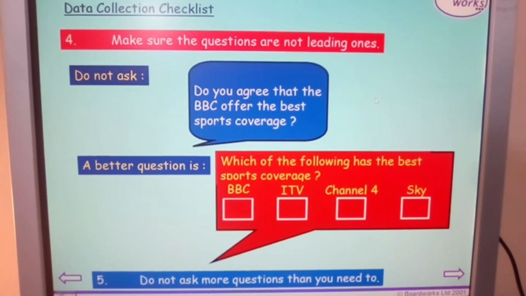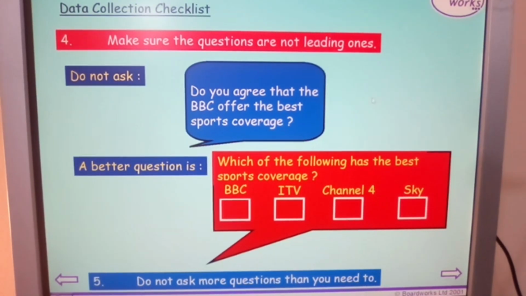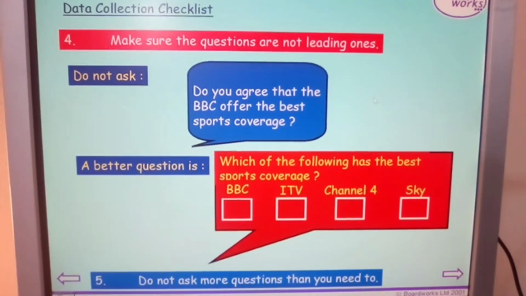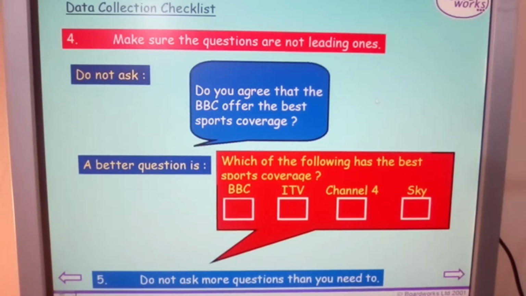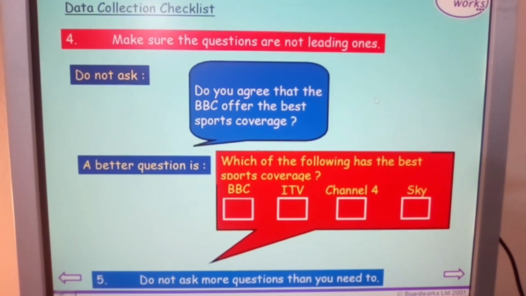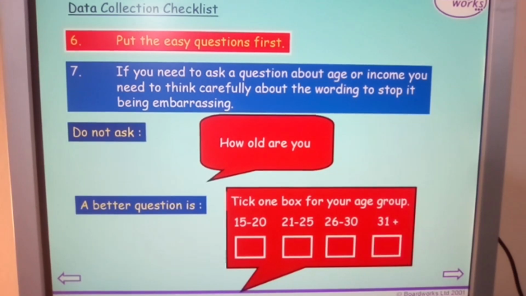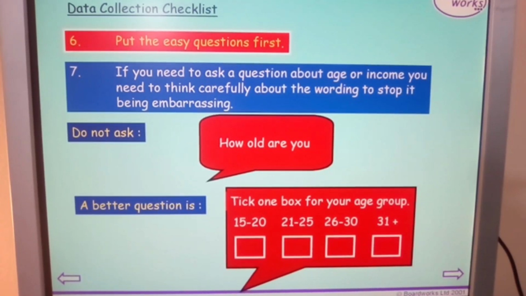Data collection checklist. Now, 4. Make sure the questions are not leading ones. Do not ask, do you agree that the BBC offer the best sports coverage? A better question is, which of the following has the best sports coverage? Do not ask more questions than you need to. Put the easy question first.